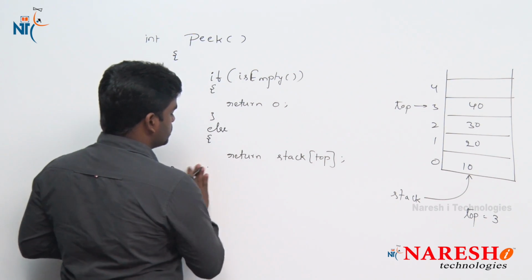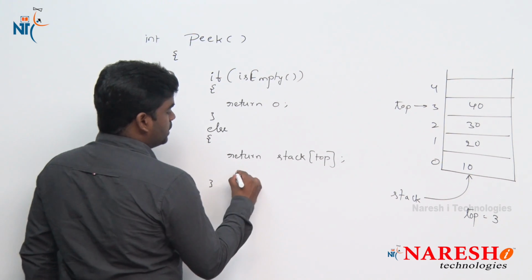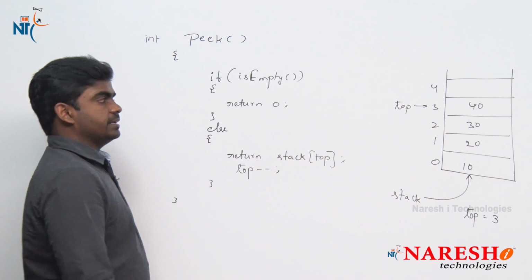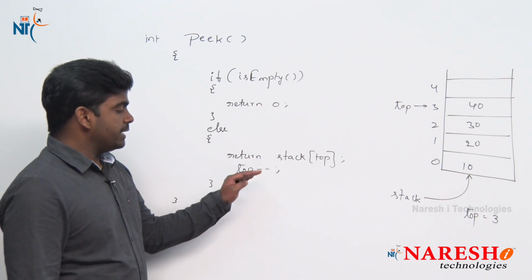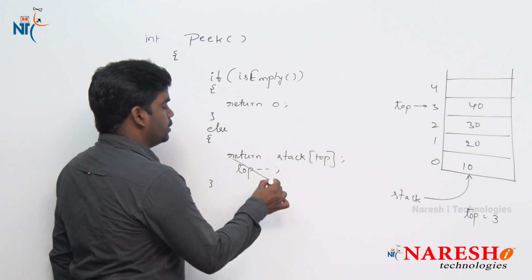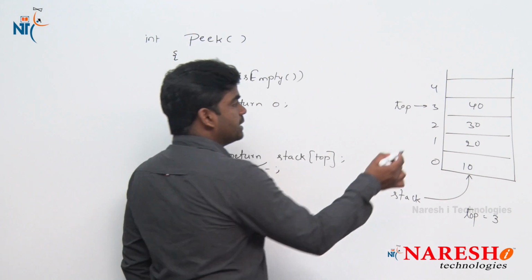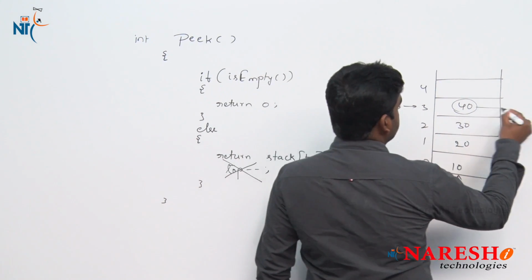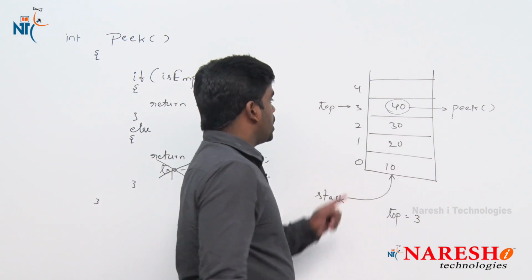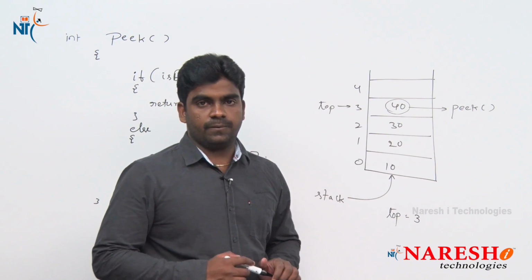But remember one more thing here: in the last program, in the pop, after returning stack of top, we are doing top minus minus, pointing to the next location. So here no need to write top minus minus, because after returning the top element in peek, the control is still pointing to the same location, not to the next location.